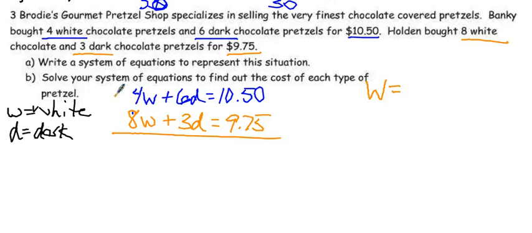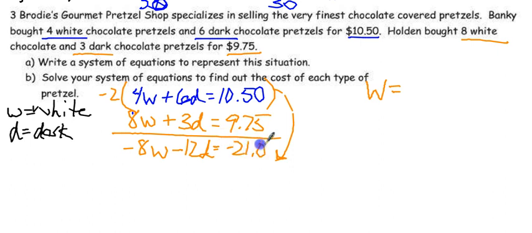If I do elimination here, I'm going to multiply this one by -2. So I have a -8 and a +8. So when I do this, I'm going to get -8W minus 12D equals -21. Because I just multiplied this 2 by everything.